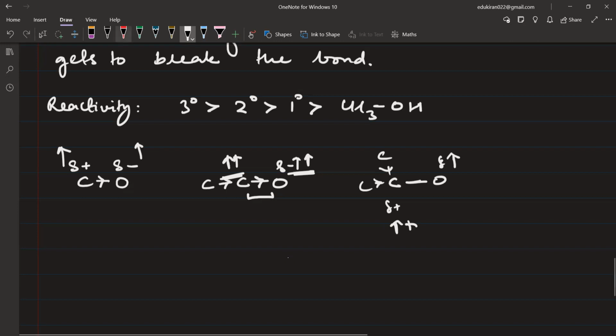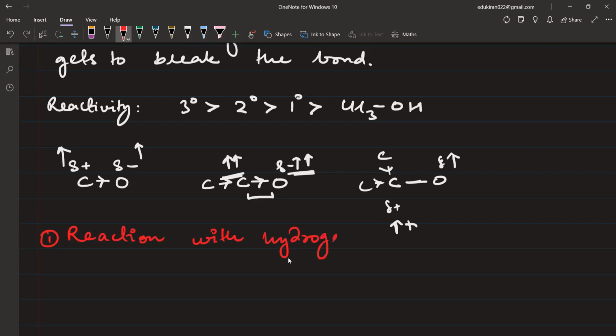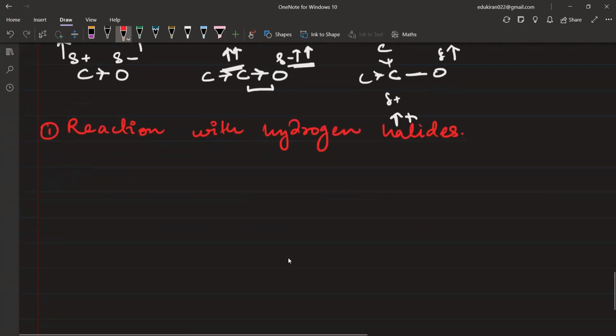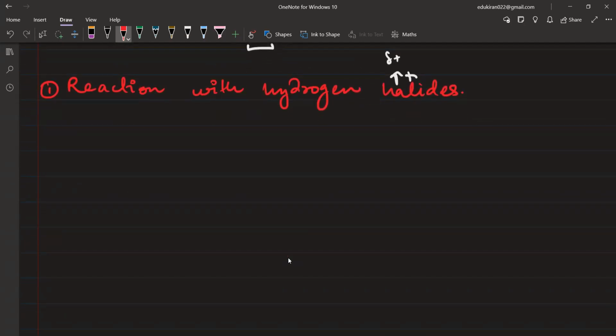Right, next. First reaction is reaction with hydrogen halides. If you remember, we have already done this particular reaction in the chapter haloalkane and haloarene.